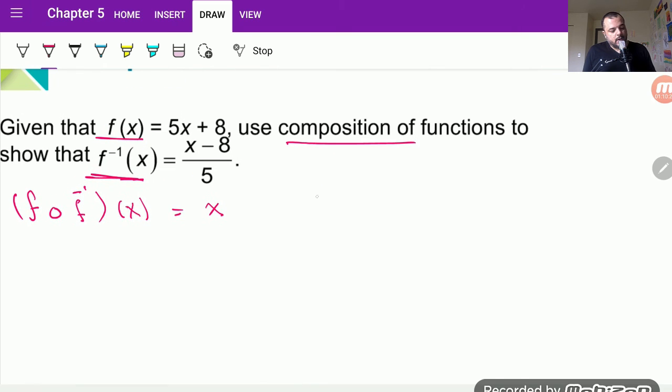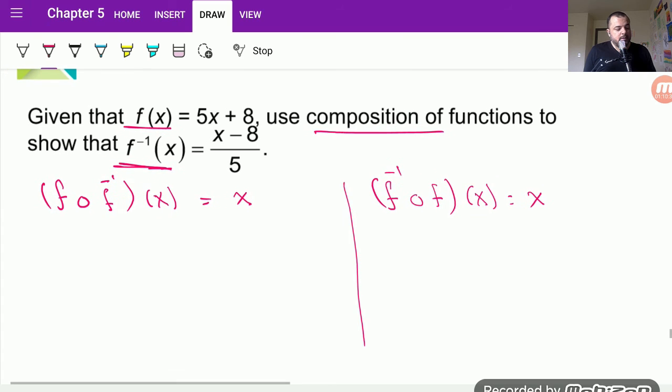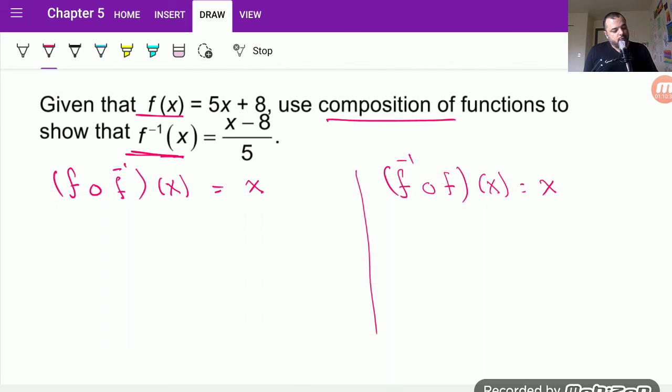And then f inverse composed with f, and also I'm expecting to get x at the end. If I get x in both ways, that means f inverse is really the inverse of this function.